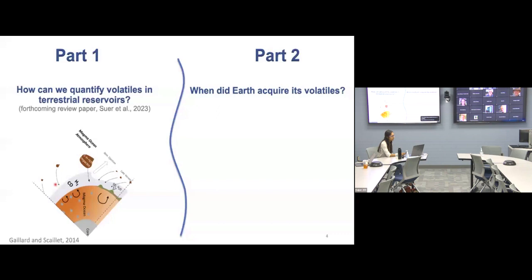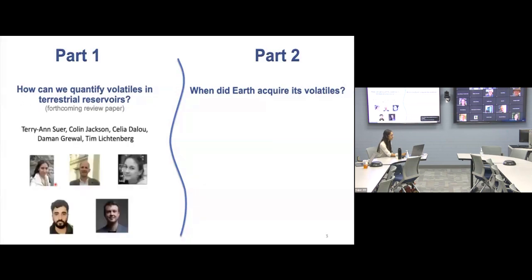The work that I'll present is based on a forthcoming review paper by myself and a few collaborators, in which we collected the metal-silicate partitioning data from the literature, as well as the magma solubility data for the four highly volatile elements, and combined them in a way that is accessible to a general audience, not necessarily just experimentalists. I would like to acknowledge the collaborators that I worked with on this part of the talk.